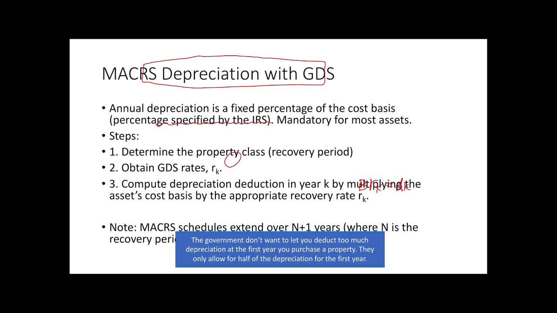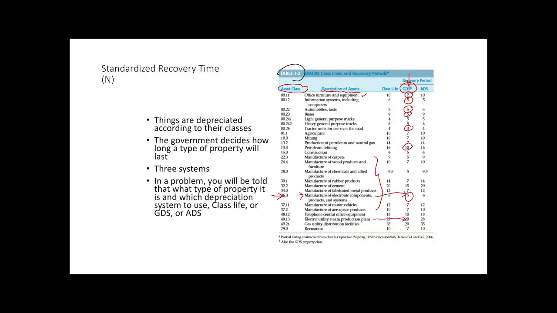Then we learned about the MACRS method. That's a standard way to calculate the depreciation deduction for each calendar year. We talked about the 3 steps, and we introduced the 2 tables. For a given problem, if you know what kind of items or properties are purchased by the company, you want to first know which class it belongs to.